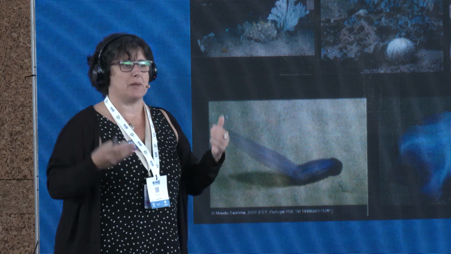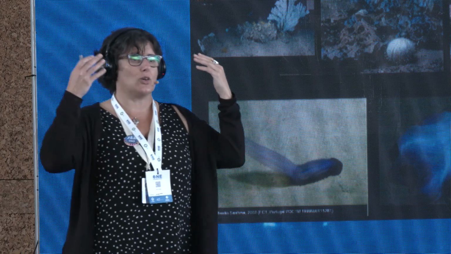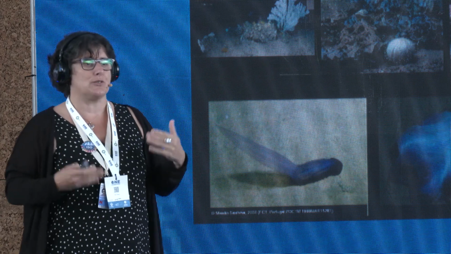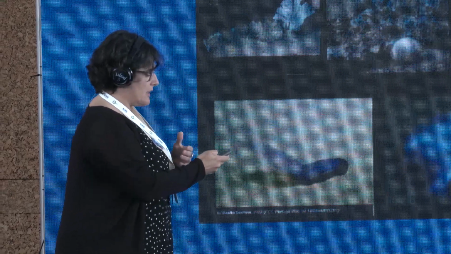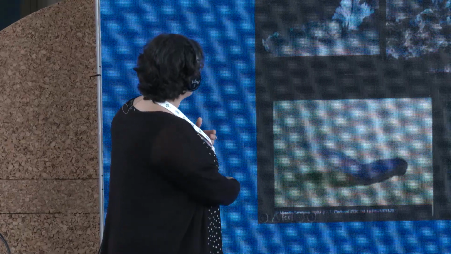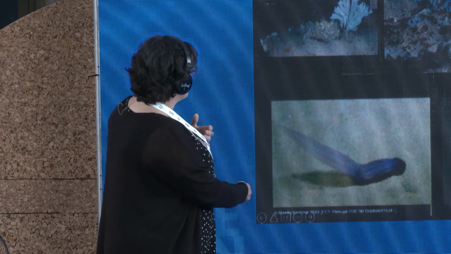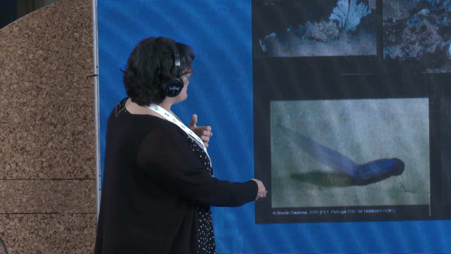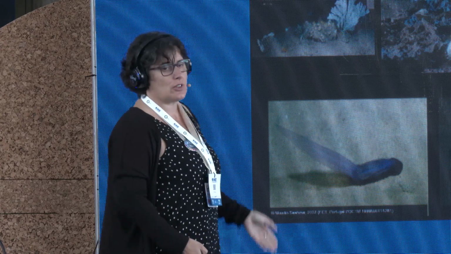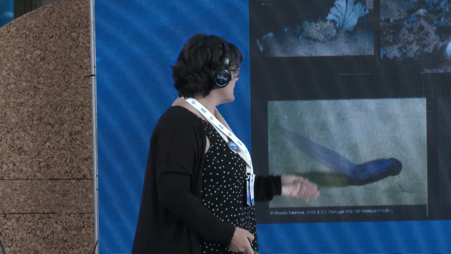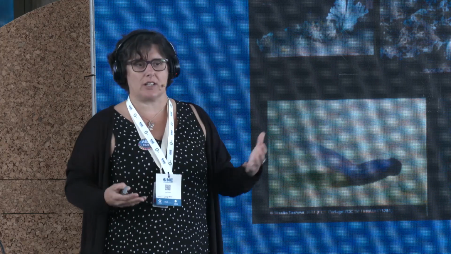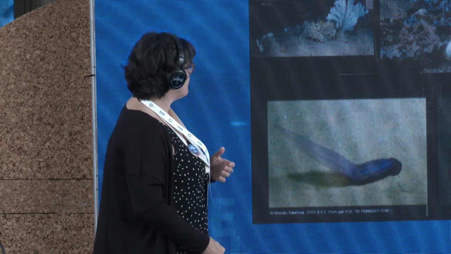But at the same time, they do migrations and they go to the bottom of the ocean, and they are also food for many other organisms, like we have here corals, sponges, large aggregations of sponges, rockfishes, and black corals, and also holothurians, squids, and many other organisms that are profiting from all of these organisms.